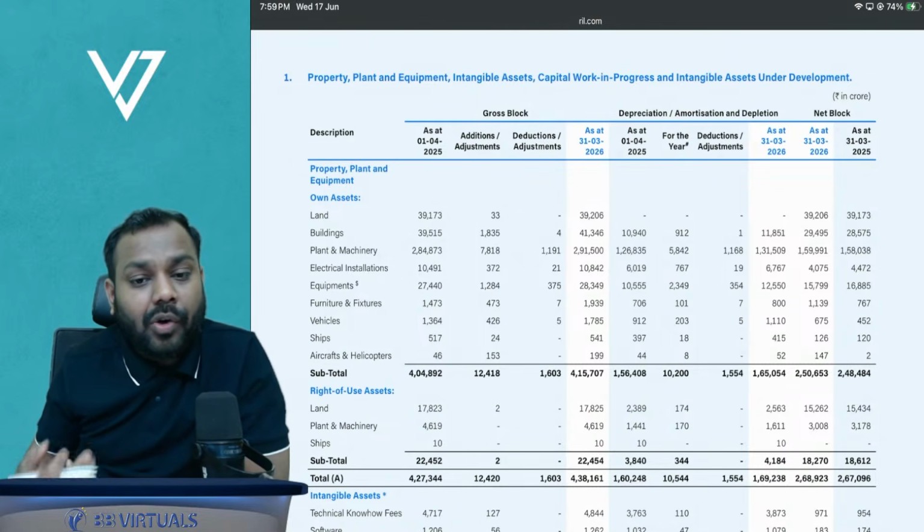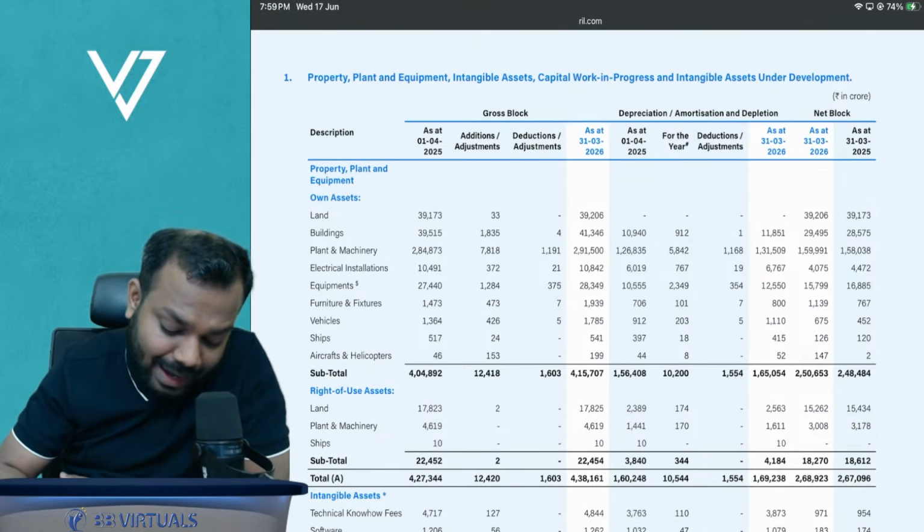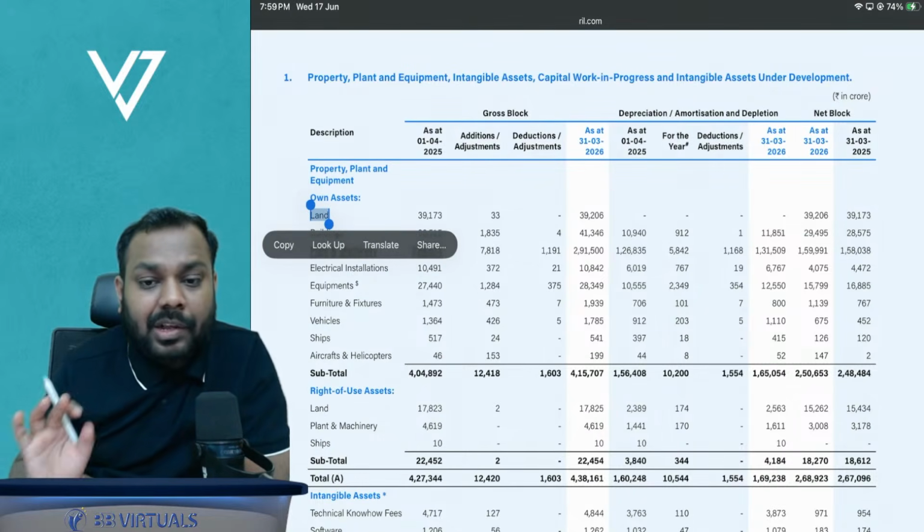Right? This is called class of assets. So all the land is coming up as part of this one.